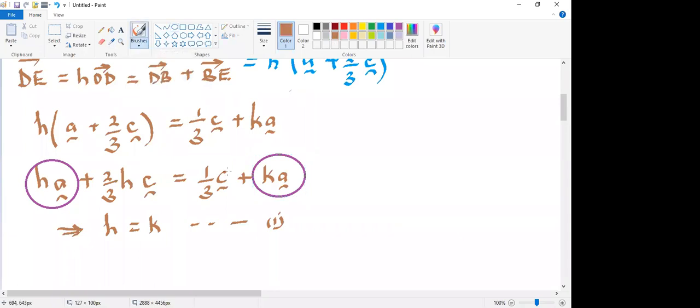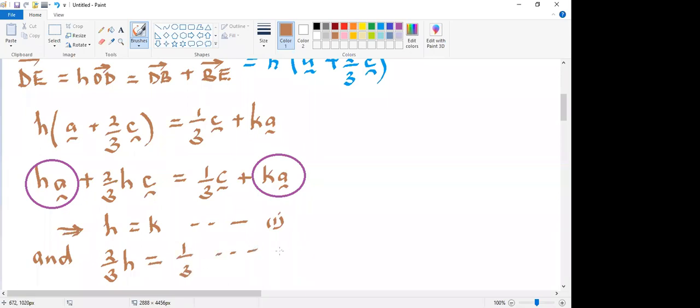The second relation is that 2/3 H is equal to a third.